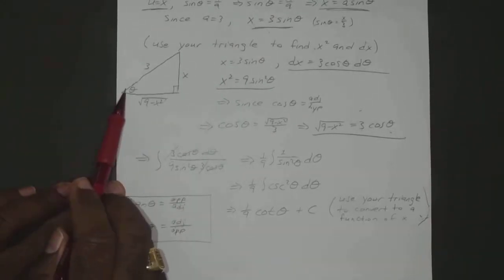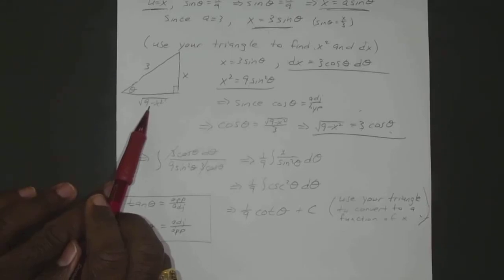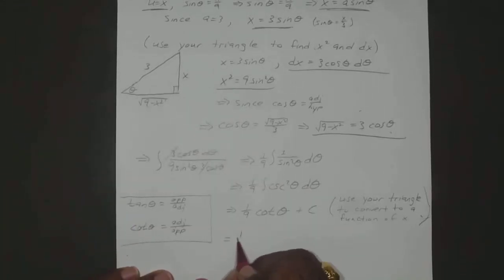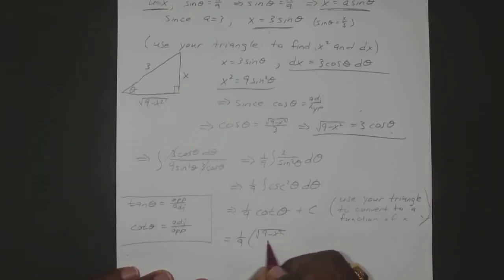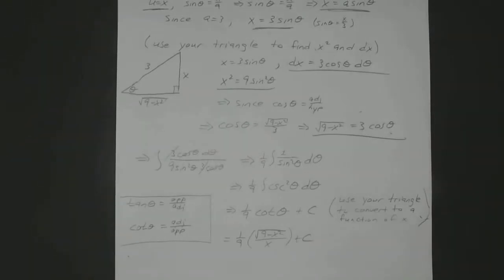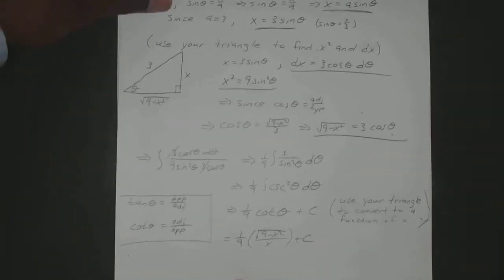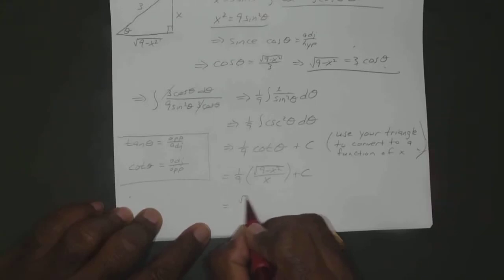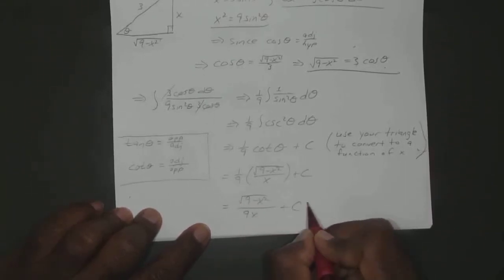So adjacent over opposite is the square root of 9 minus x squared over x. So you have 1 over 9 times the square root of 9 minus x squared over x plus c. Simplifying that is just the square root of 9 minus x squared over 9x plus c.